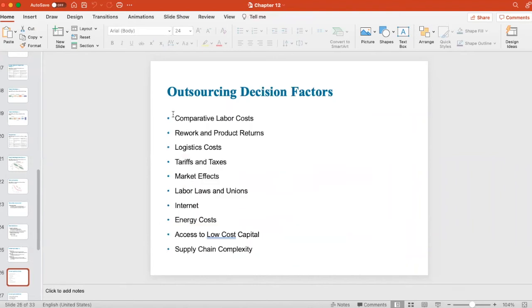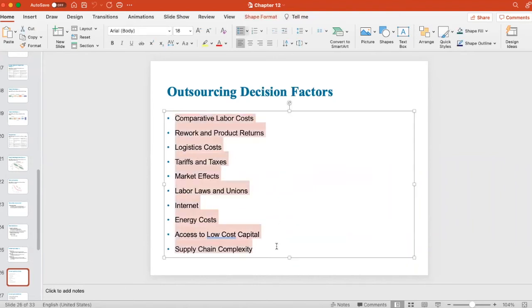Here, I'd like to point out a few important key factors that may affect the outsourcing decision. So you can already imagine why currently some of the manufacturers in the United States are willing to work with some supplier, or even own some supplier, in another region or country.